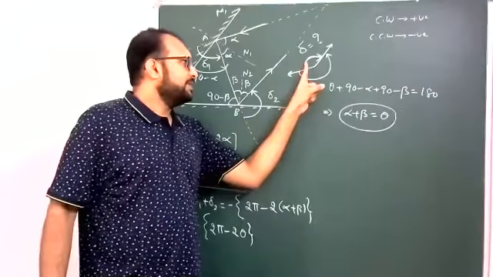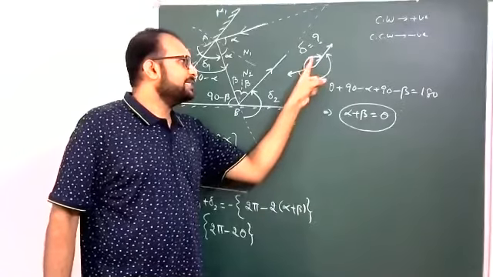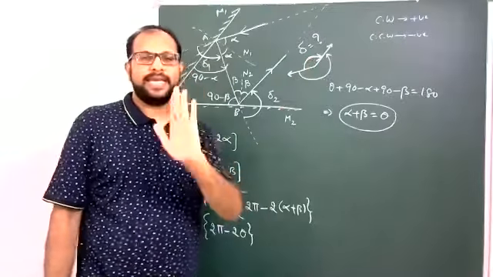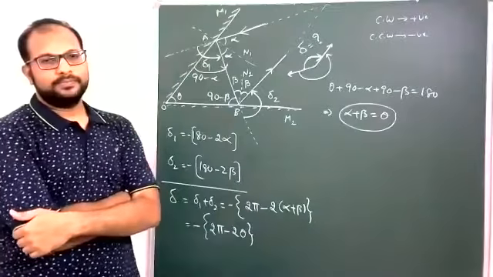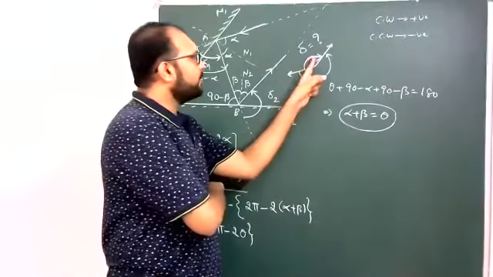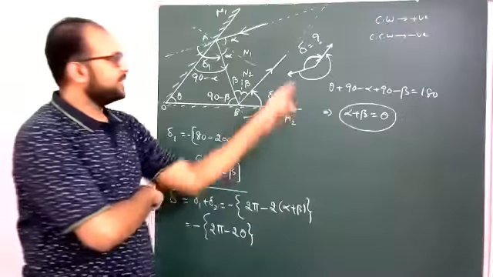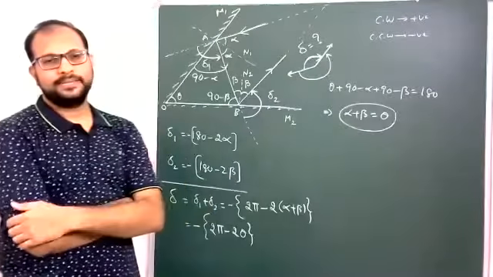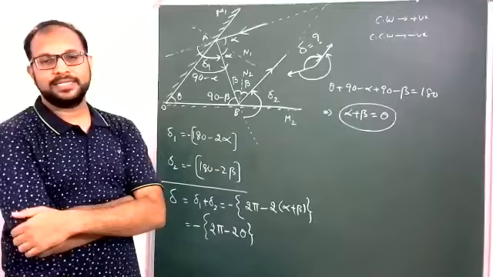Suppose this angle is 120 degrees, as an example. Then this other angle is 240, right? Because the total is 360.